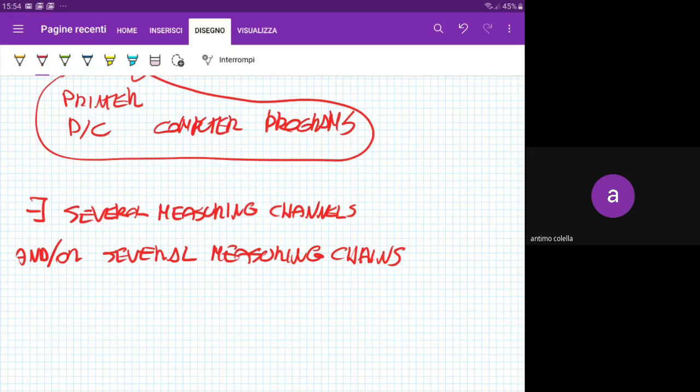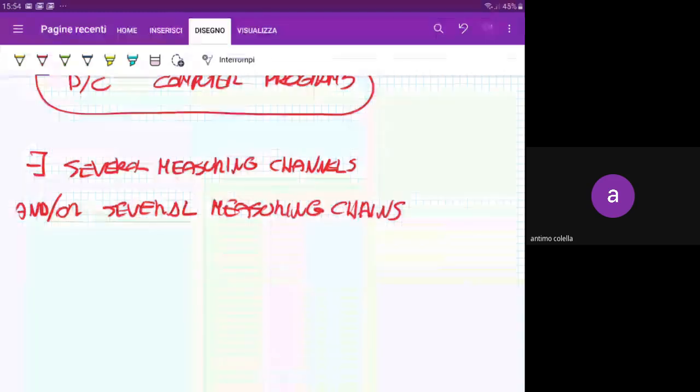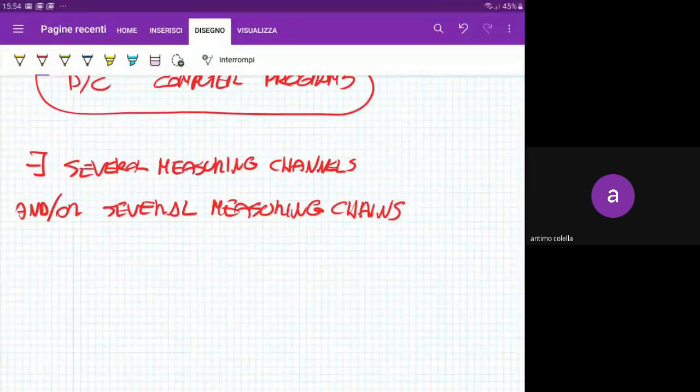For example, we have to characterize the motion of the whole aircraft, of the whole space launcher, in terms of displacement, acceleration, temperature, field, and pressure. So we have all the things together, many measuring channels and many measuring chains.